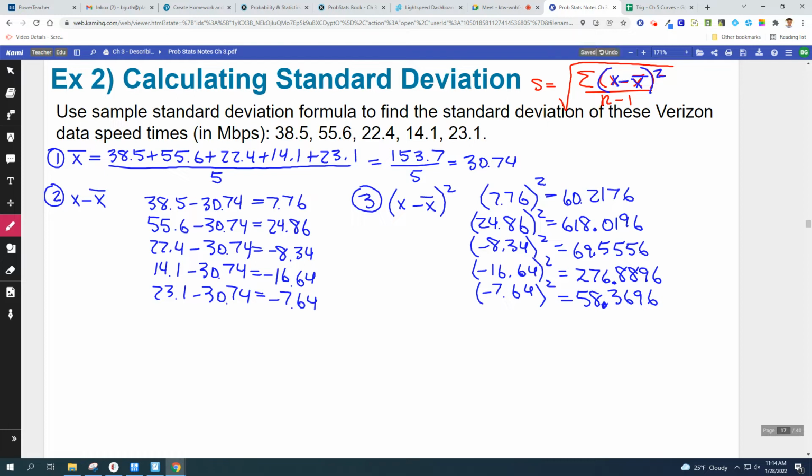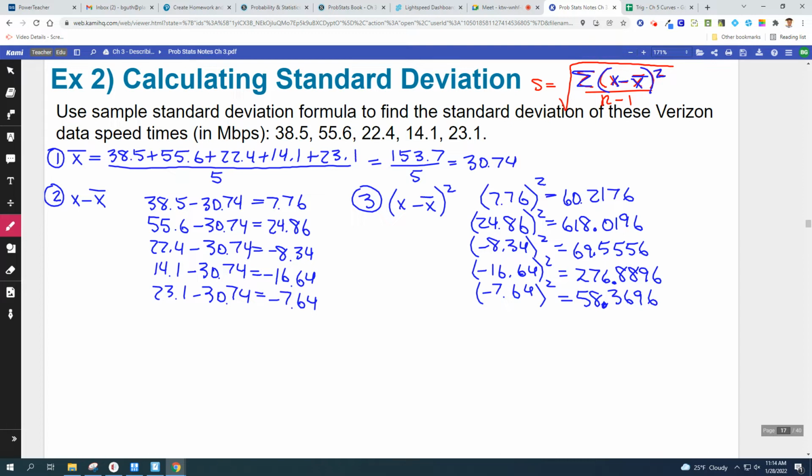You've never seen these steps before, but you might be able to tell me what the next step is, because if you look at the equation, it's the next thing in the order of operations. Anybody know what I'm going to have to do next? The next thing is the sigma. And sigma means sum. We're going to add those numbers up.